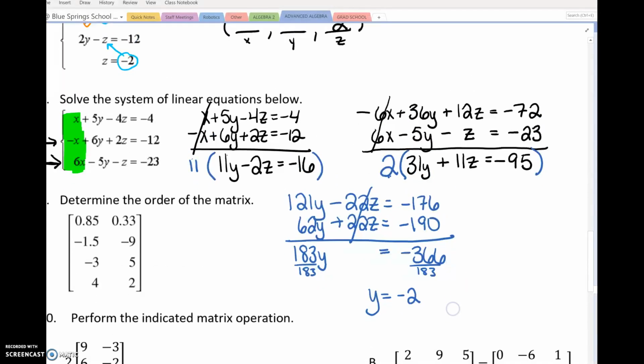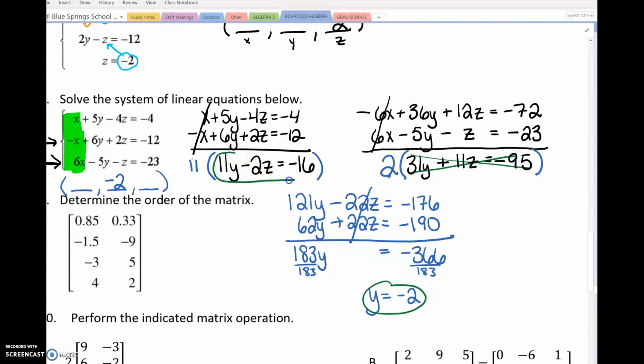So ultimately, we are trying to figure out what goes in each of these blanks. We now know that y is -2. Now we're going to take this y equals -2 and plug it into one of the original equations. And I'll be honest, this 31y, that looks gross to me.